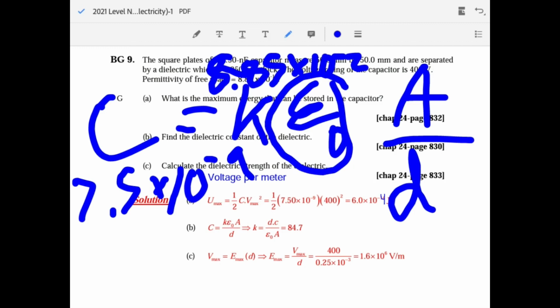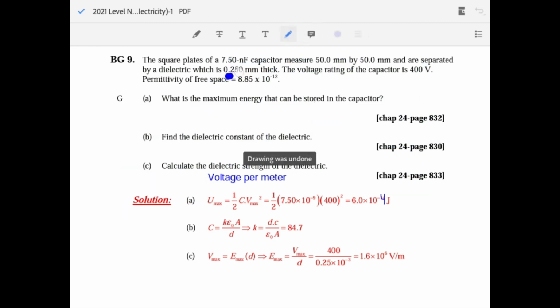Area is 0.05 squared. And the thickness is 0.25. Put it in your calculator and you get 84.7, or 84 point something, and then you round it up to 3 significant figures.